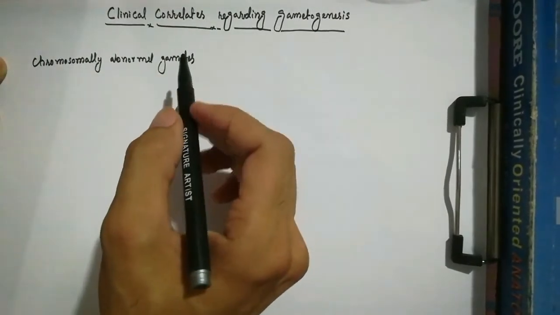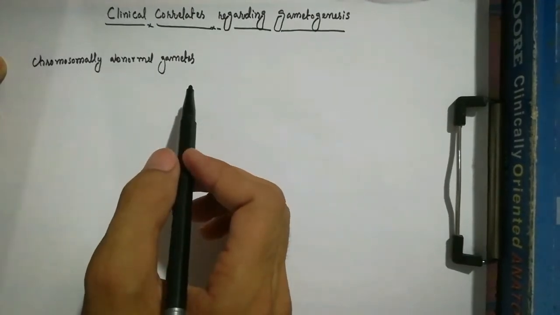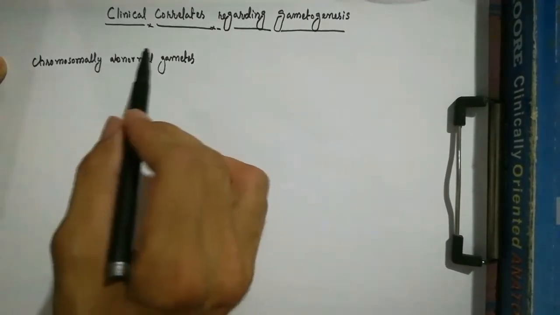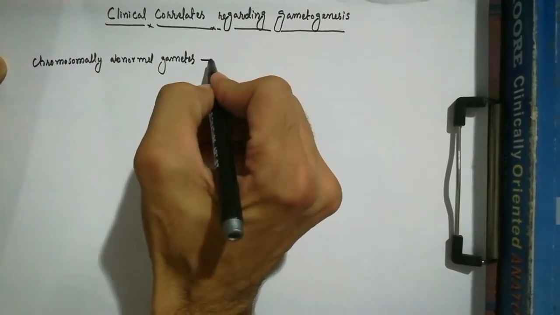And if any of these chromosomally abnormal gametes is involved in fertilization, it leads to abnormal development.